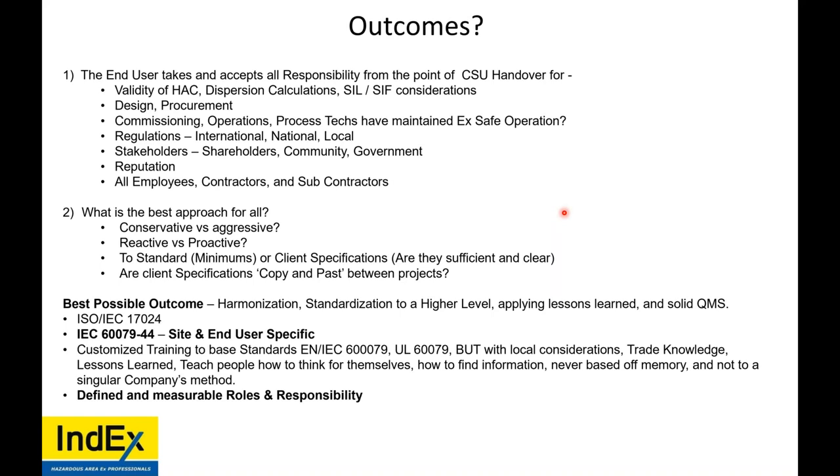So what's the best possible outcome? Harmonization, standardization to a higher level than our current minimums. Applying lessons learned and solid quality management systems with clear verification and validation.